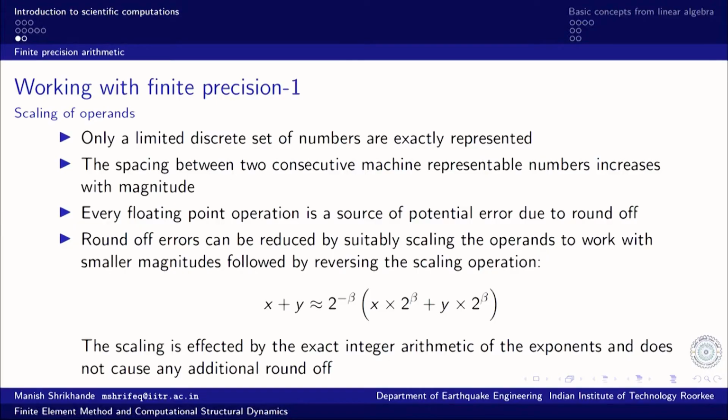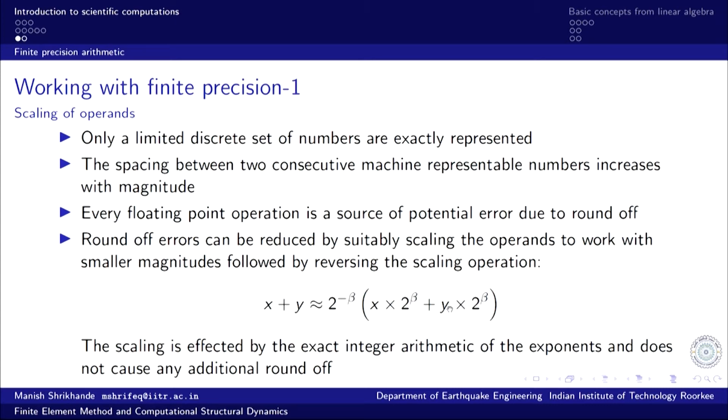Just as in this case, take the addition of two numbers x and y. I can scale x by a factor 2 raised to the power beta. As you can see, this only affects the exponent part of x, and that is exact integer arithmetic. Similarly, y can be scaled by the same factor 2 raised to the power beta.